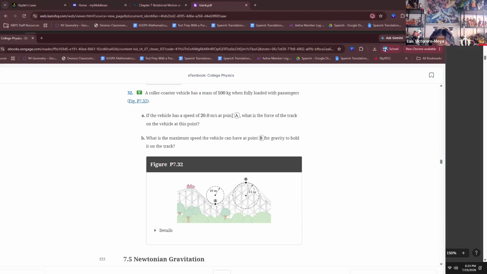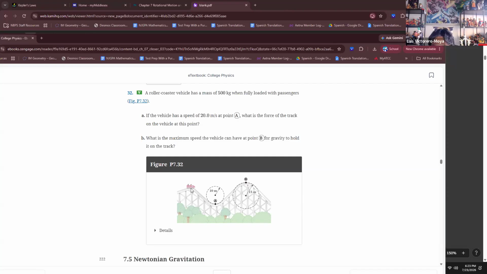What's the force of the track on the vehicle at that point? And then what's the maximum speed that I can have at point B for gravity to hold it on the track? So this is the loop there. All right. So here you have the speed. Here you are being asked for the speed.